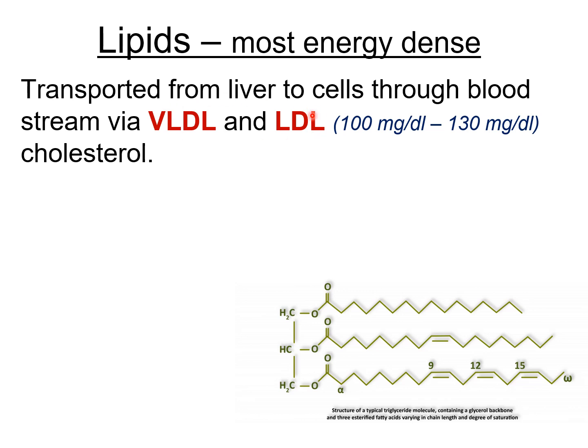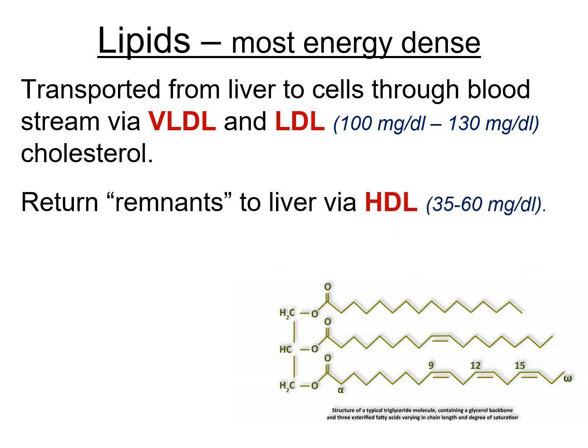Now, we're not going to get into the technicalities, but cholesterol is another form of lipid as well that we will sometimes deal with. The remnants after metabolism is returned to the liver via what's called a high density lipoprotein. All right, high density.